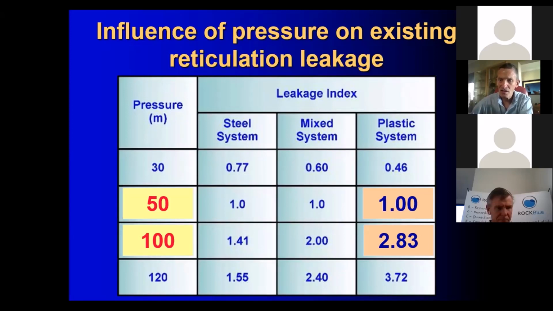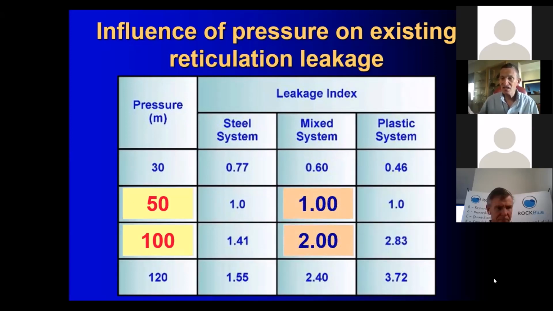And what it means is plastic pipe systems are very sensitive to pressure. The leakage from a plastic system is more sensitive to pressure than leakage from a metal pipe system. If you have a mixture of plastic and metal, or you don't really know what's going on in the system, you can generally budget on doubling the pressure will double the leakage.